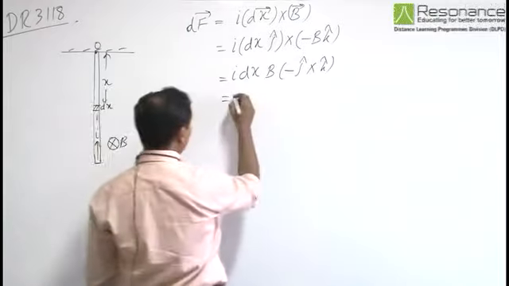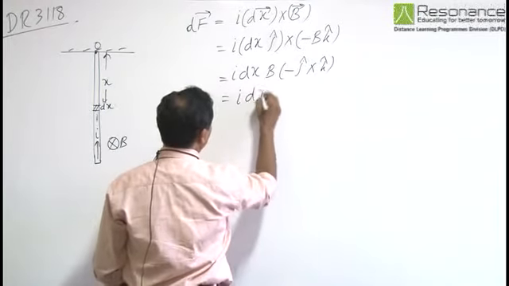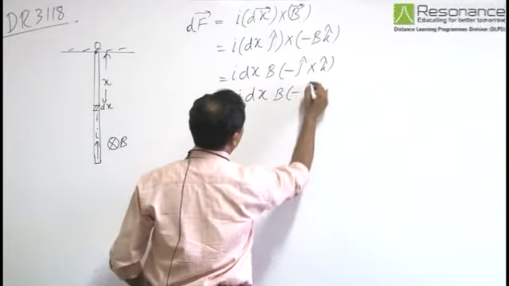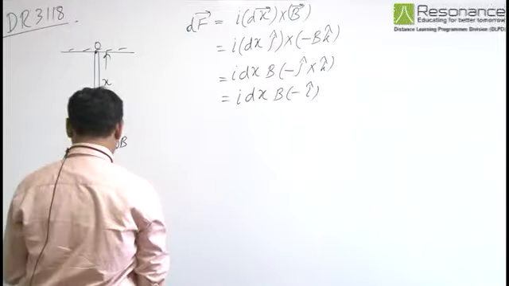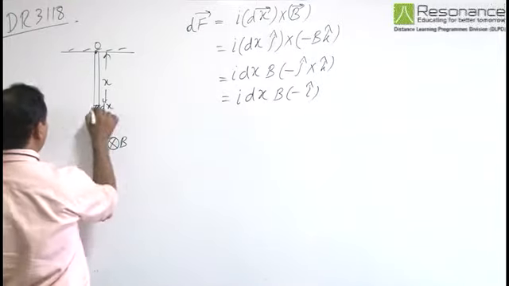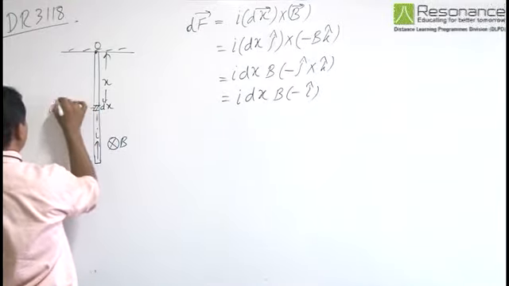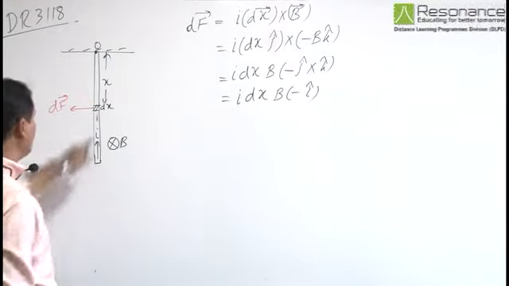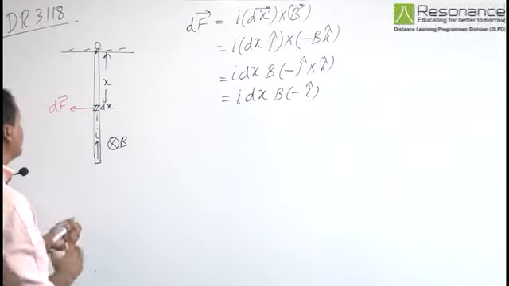Minus j cross k, so I dx B into minus i cap. So here the force is in this particular direction, dF is along the negative x axis.